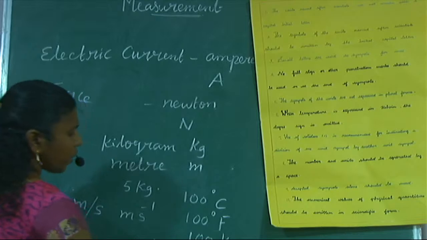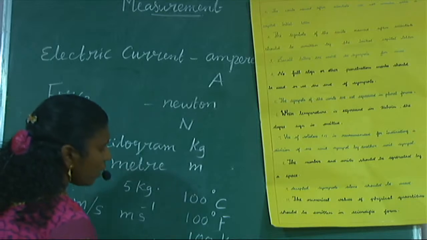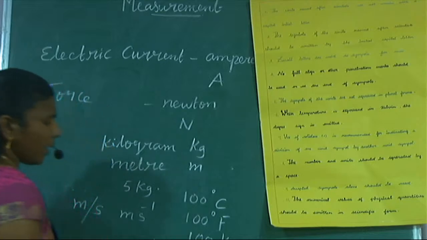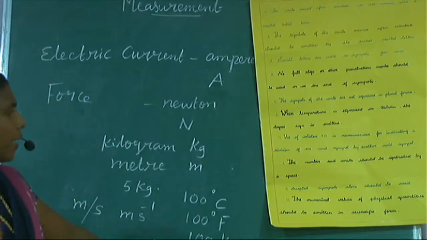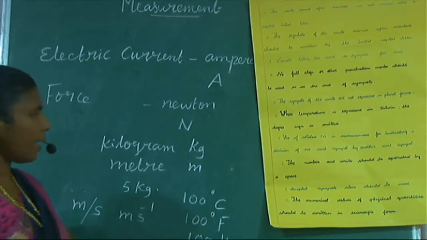This is invalid, because here 2 solidus symbols are used. So we can write joule kilogram power minus 1 mole power minus 1. Here the solidus indicates the division of one unit by another unit.